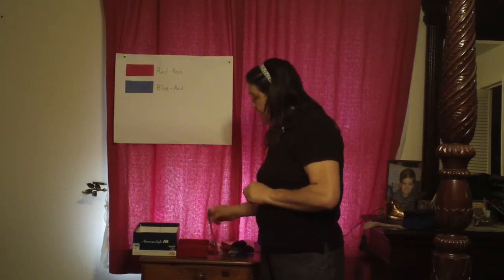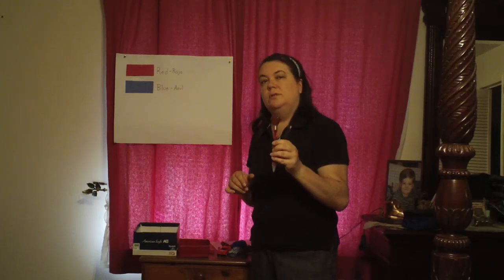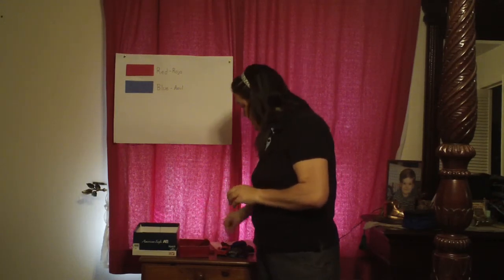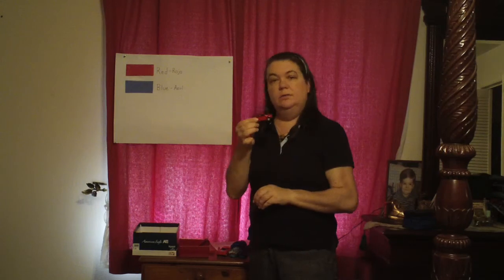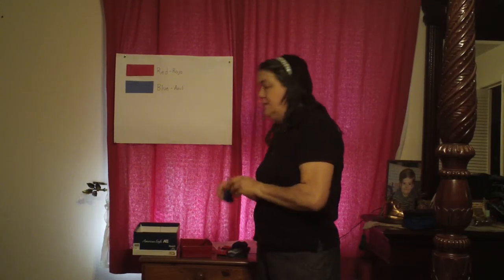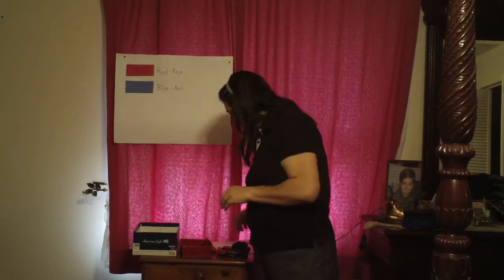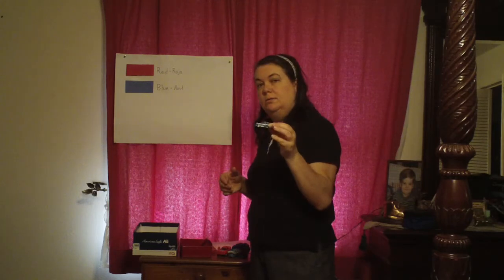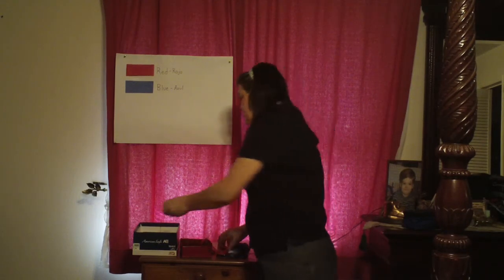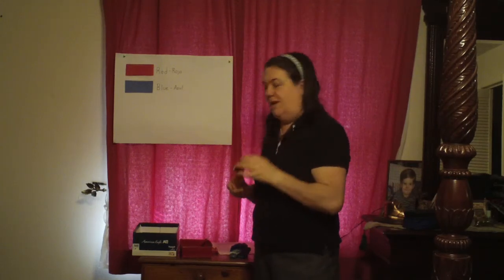What color is this? This pen? It is red, so it goes in the red box. What color is this car? It is red. What color is this block? It is blue. What color is this car? It is blue. What color is this car? It is red.